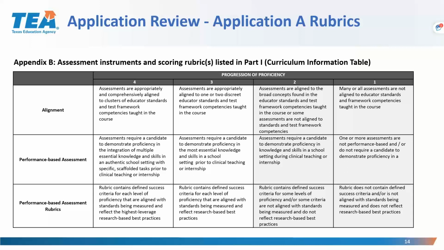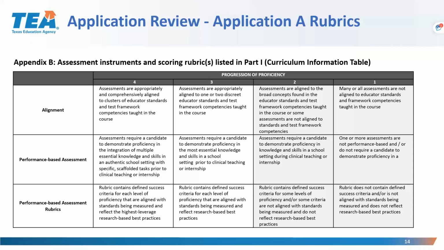Then, TEA will compare the rubric to the assessment to identify alignment between the assessment and the rubric. TEA should be able to identify defined success criteria that is aligned to the standards and test framework competencies identified in the course curriculum table.